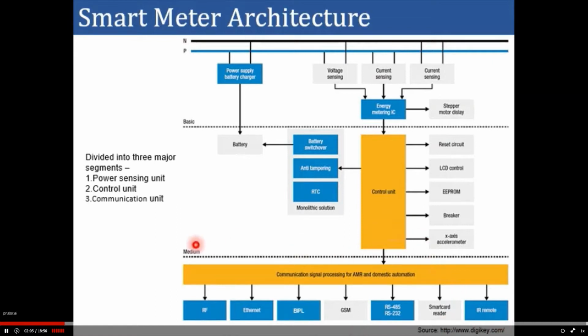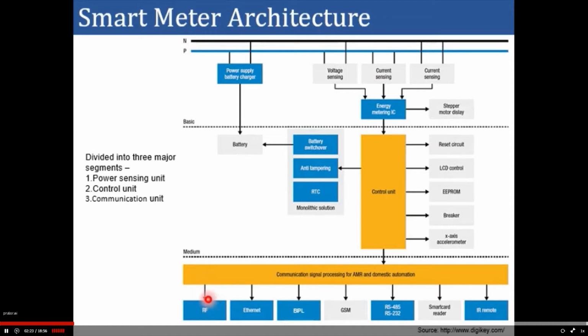So the third block, which is the communication unit, will receive data from the control unit, and now the communication layer of the meter will see which aspect of the communication is enabled for the meter.